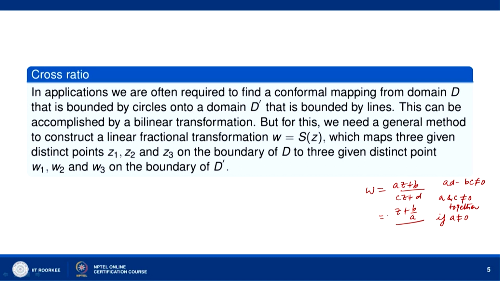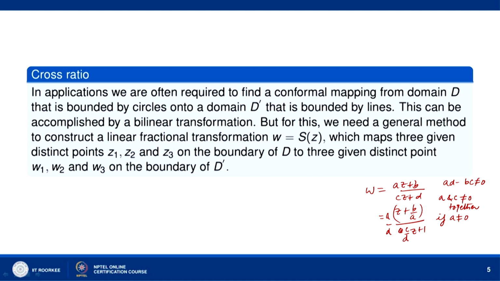Here a is non-zero, and d can be 0. If c is 0, then d cannot be 0, so we can divide by d and write it as (a by d into z plus b by d) over (c by d into z plus 1).